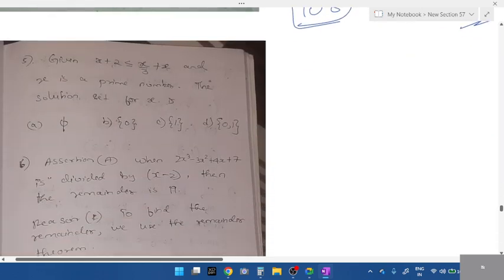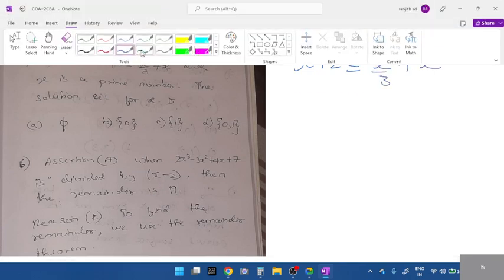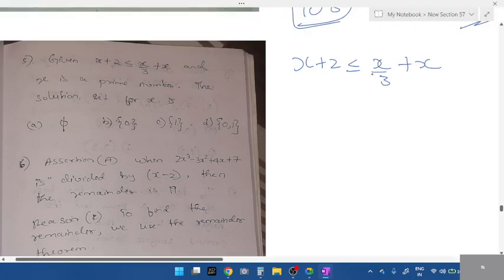Next one. This equation. X plus 2 less than equal to x plus x. When you take LCM, x plus 2 less than equal to x plus 3x divided by 3.